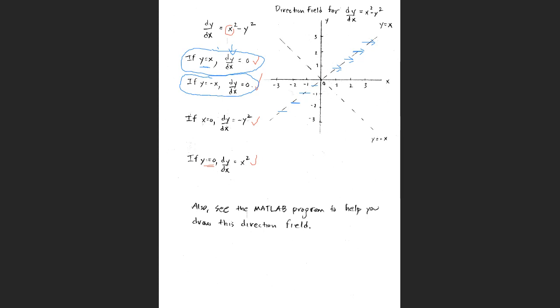Now, along y equals negative x, we have a similar situation. The slopes there are also equal to 0. So I'm going to draw flat slopes all along the line y equals negative x.